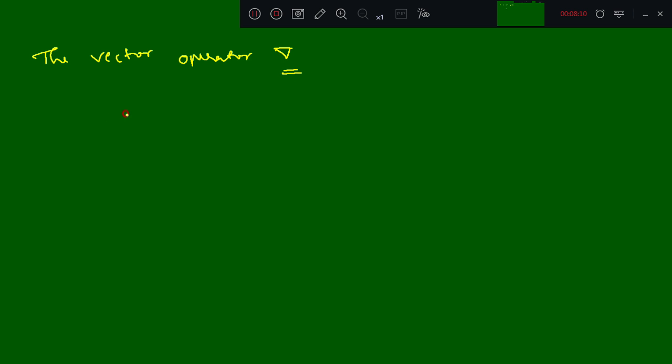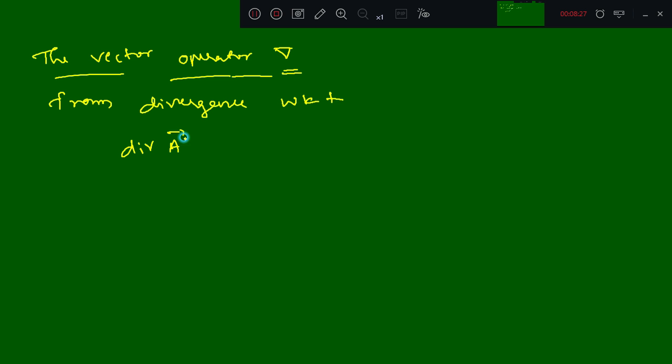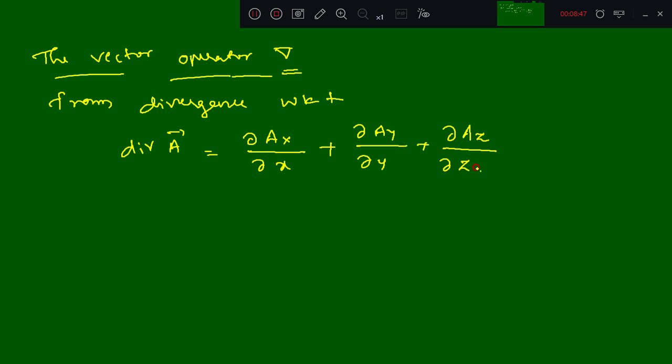From divergence we know that div of A is nothing but dou Ax divided by dou x plus dou Ay divided by dou y plus dou Az divided by dou z. This we know, but this is a scalar quantity.